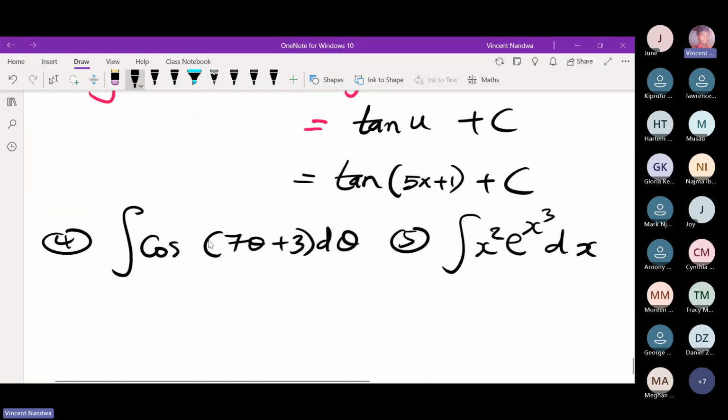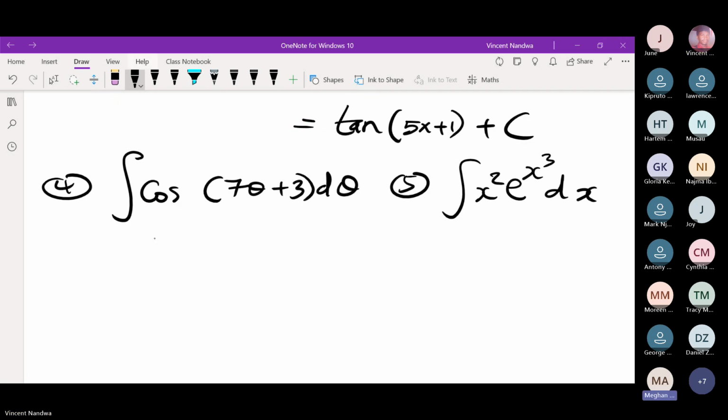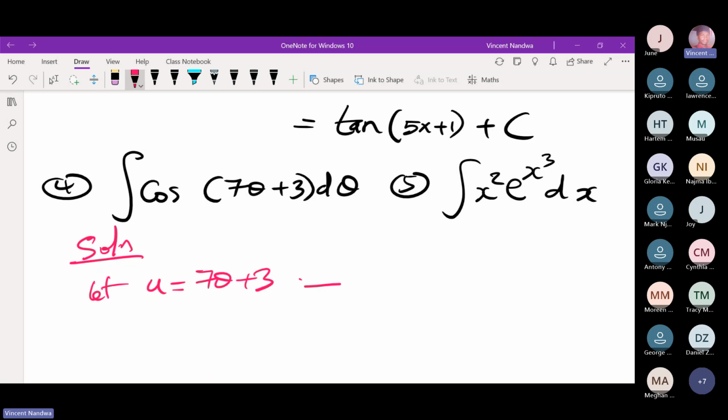So just to save on time, maybe we can do it together. So what would be for number 4? What would be the best choice for you? u is 7 theta plus 3. So which implies du d theta would be 7.